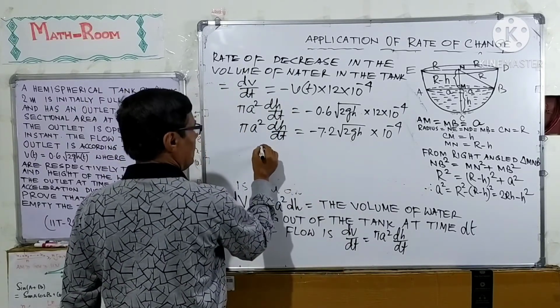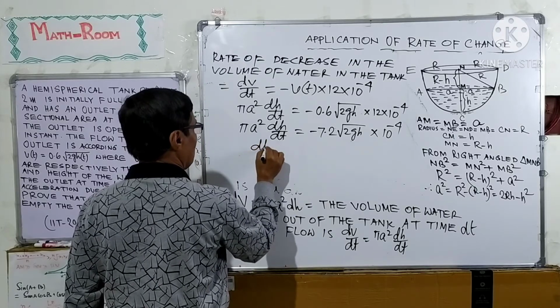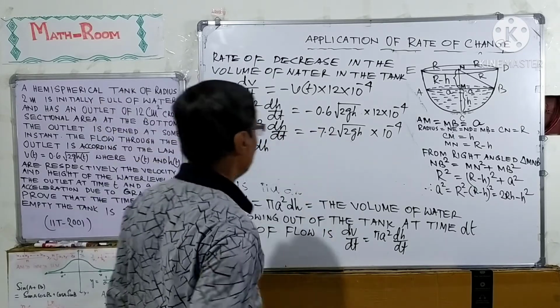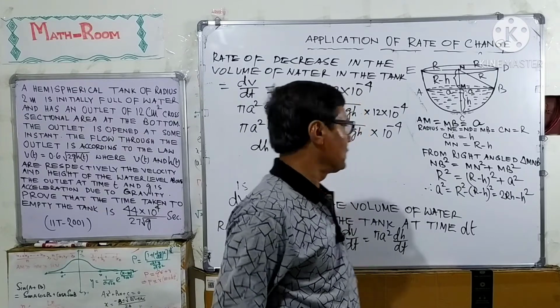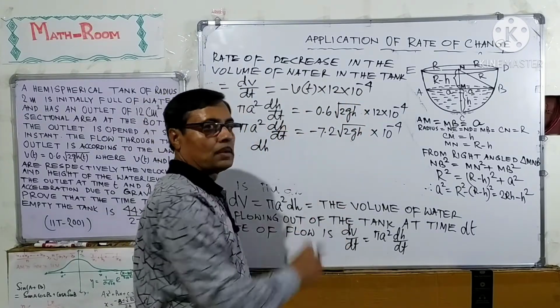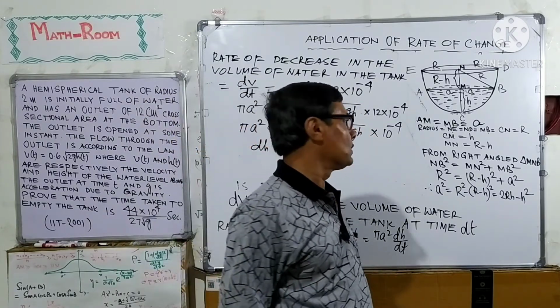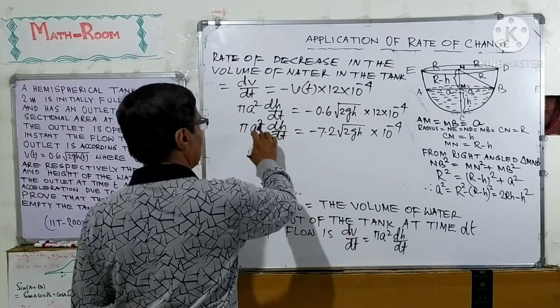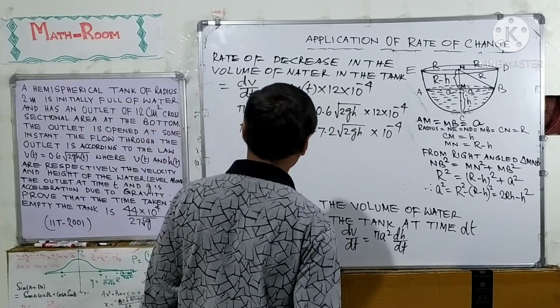This is also an ordinary differential equation. So, we can solve it by using the method of separation of variables. We have to separate the two variables h and t from each other.